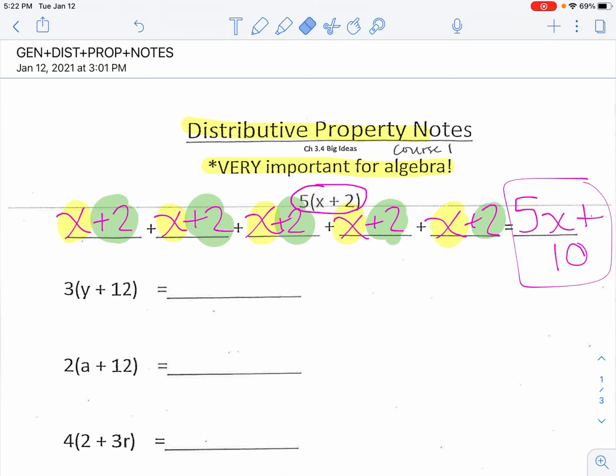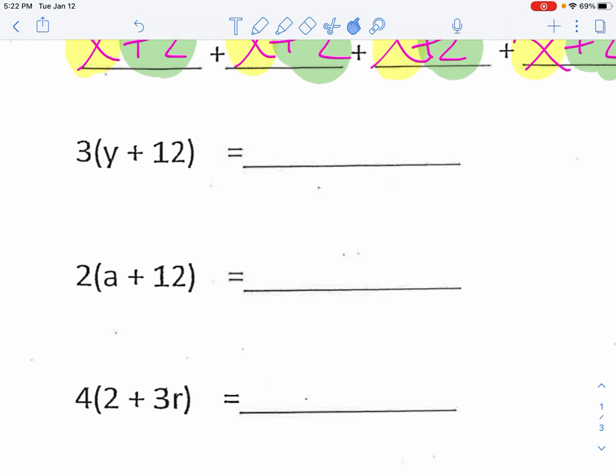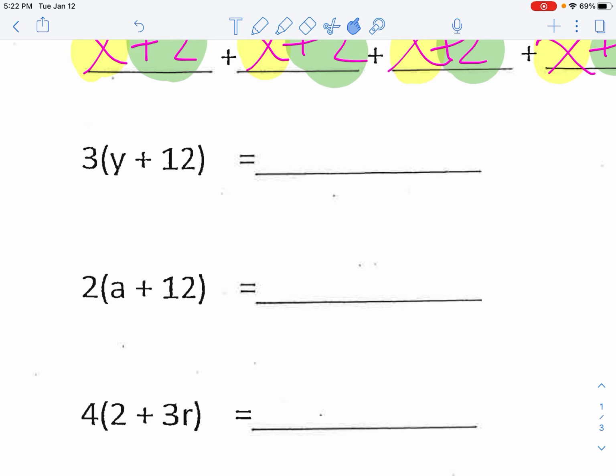Now, a simpler way to get to that answer is I'm going to go back up to the original problem. If we simply multiply the 5 times the x, that's 5x, and multiply 5 times 2 to get our 10. So you should be following along on your notes page with a split screen and copying down everything that I'm doing.